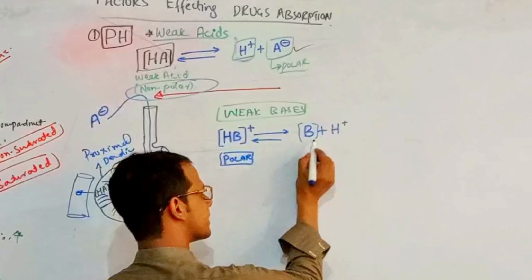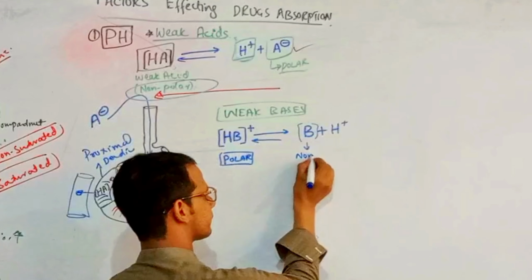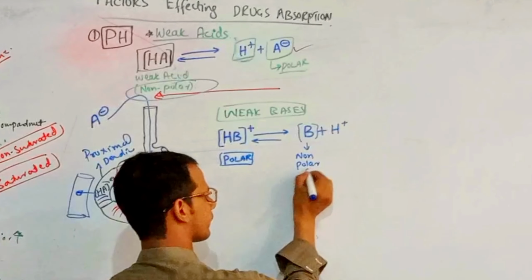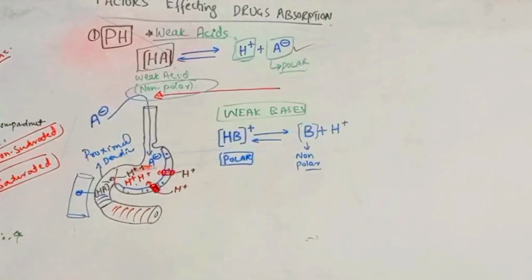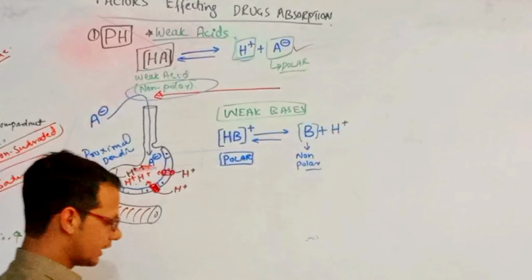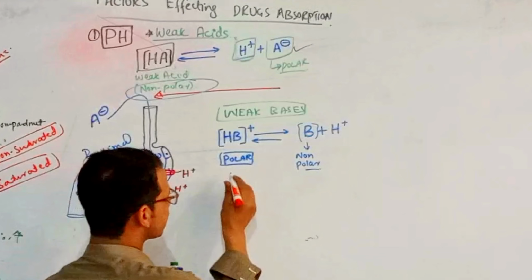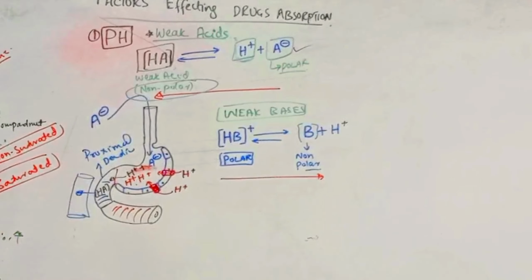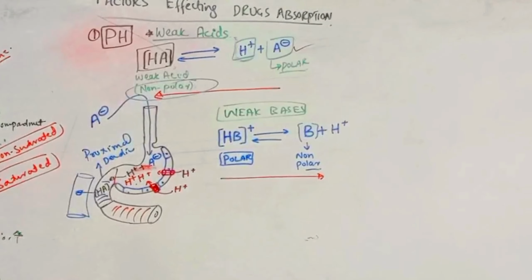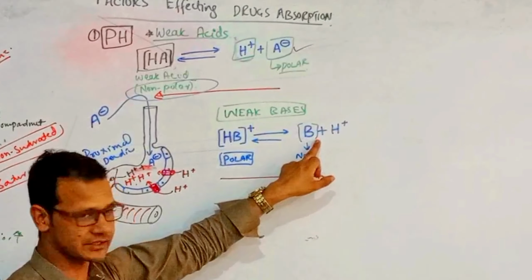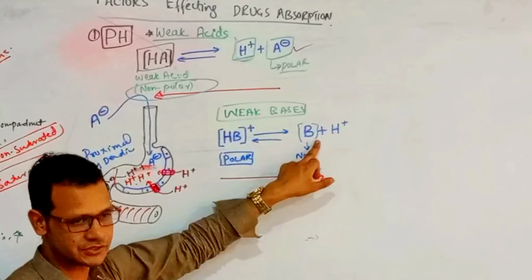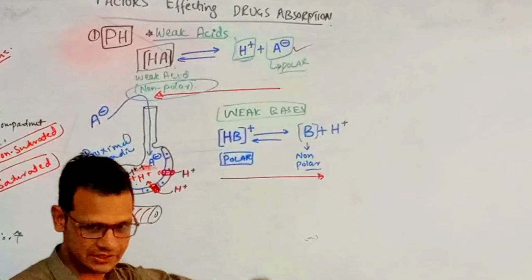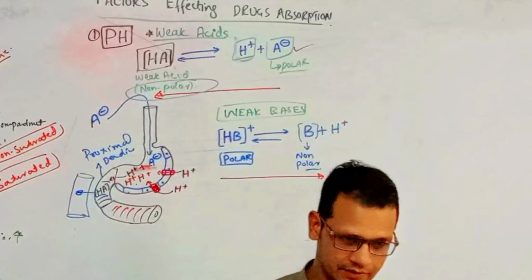In this form, it is non-polar. Now it is needed that this reaction be shifted in the forward direction. We will choose a form of drug which forms this inside the distal duodenum, because in the distal duodenum we have an alkaline environment, right?